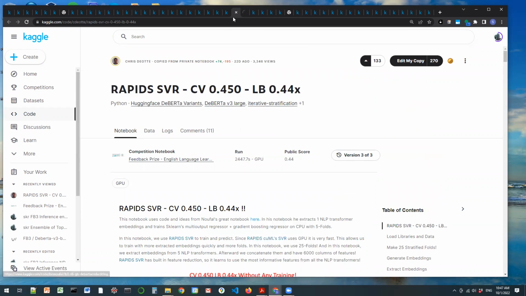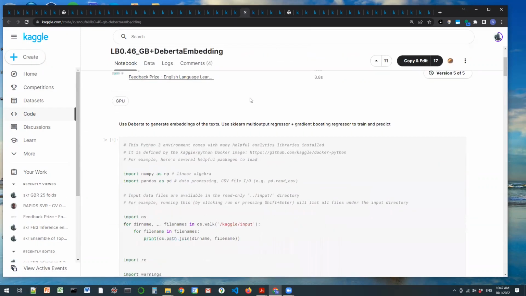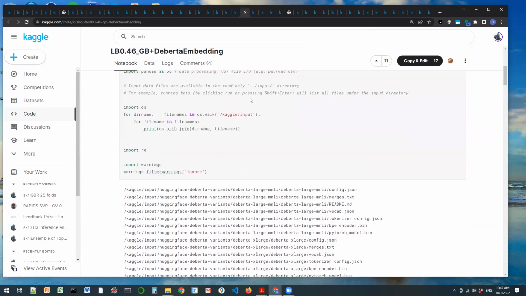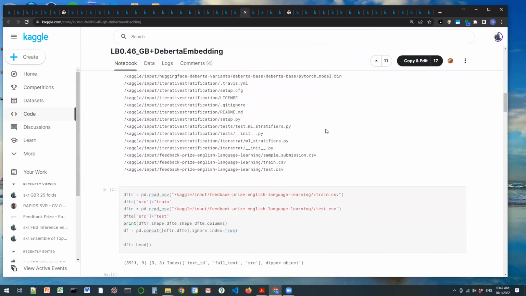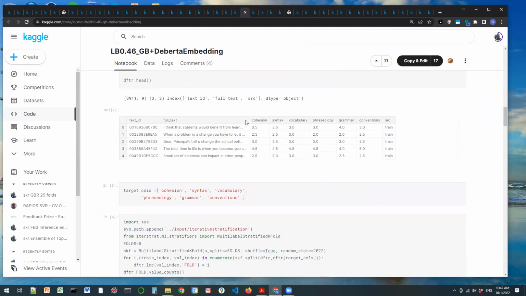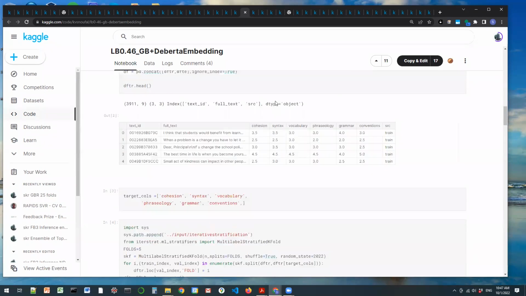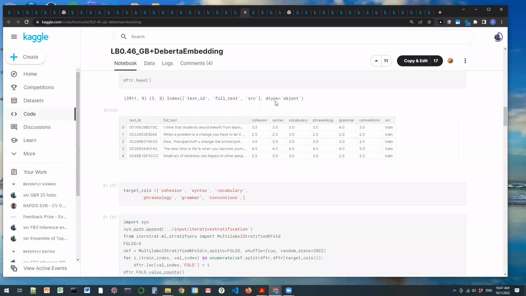And that notebook implements multi-output gradient boosting regressor, but not 25 folds. Partly because he doesn't do the 25 folds, he gets, I think, a score of 0.45, whereas Chris Diote gets, is it 0.44, Steve?